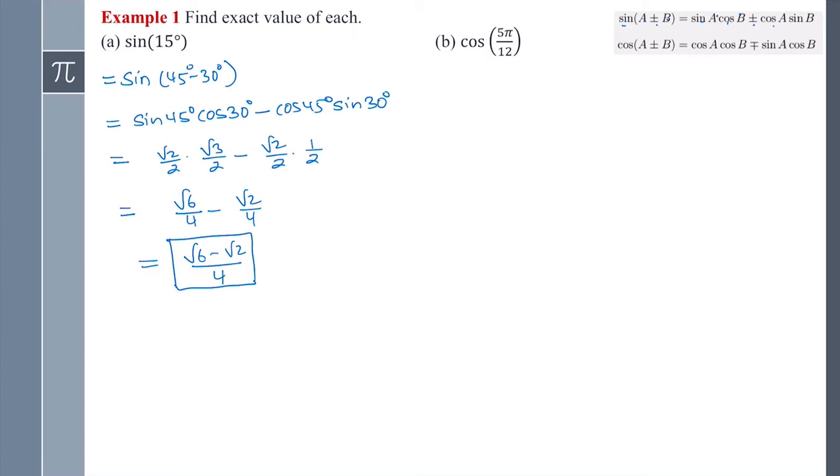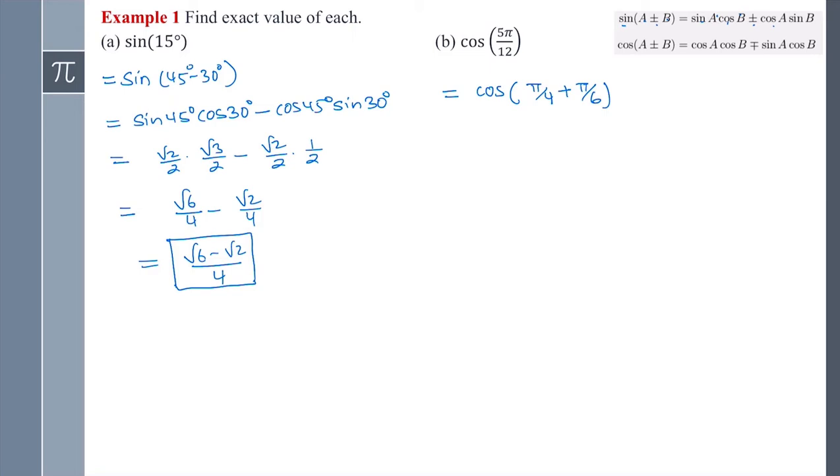Now similarly, we can write cosine 5 pi over 12 as cosine of pi over 4 plus pi over 6. When we add these two, we get 5 pi over 12. Pi over 4 is the same as 45 degrees and pi over 6 is the same as 30 degrees.